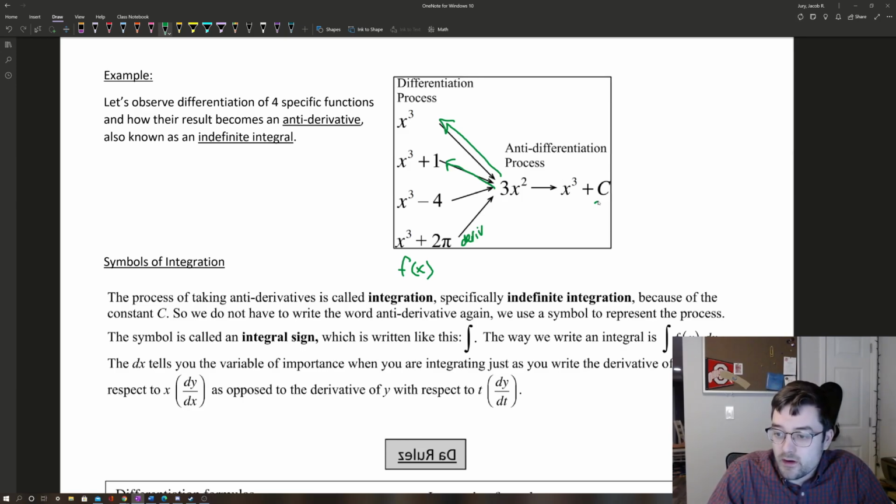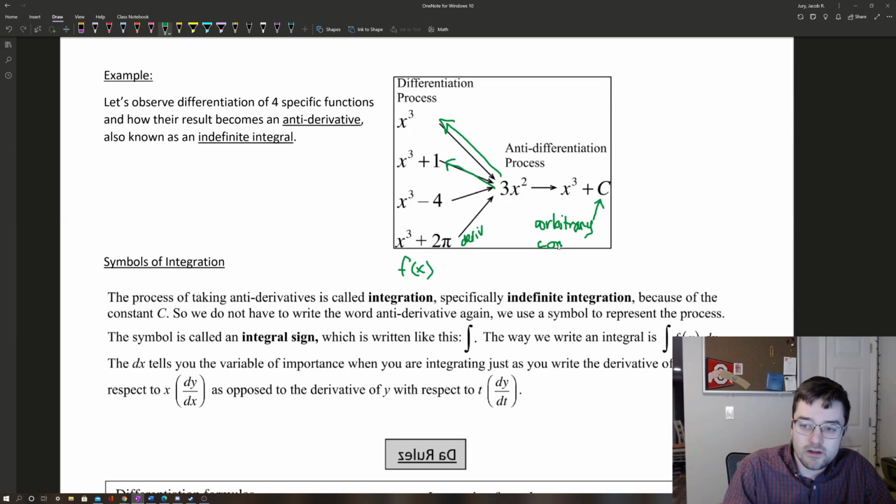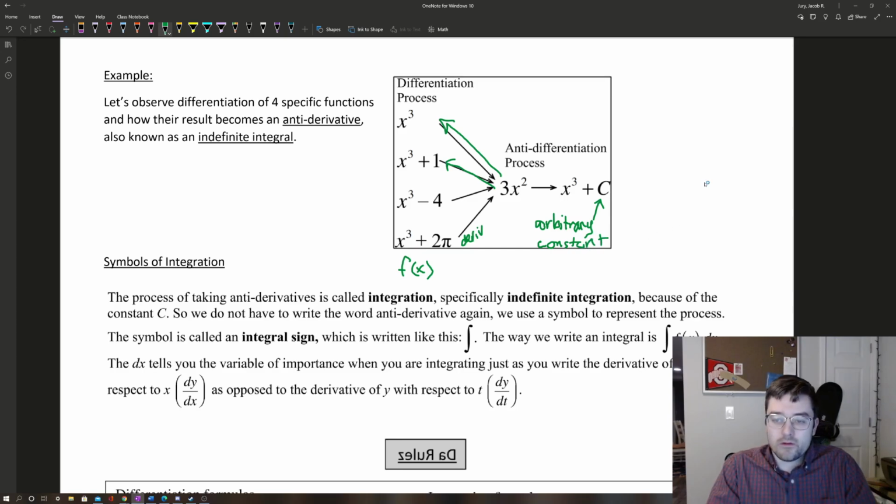So that's where this c comes into play. So this is an arbitrary constant. Which is why we can't exactly get back to the same function, not exactly, unless we have some other information, which will come into play later. So this arbitrary constant c is going to be part of our answer.